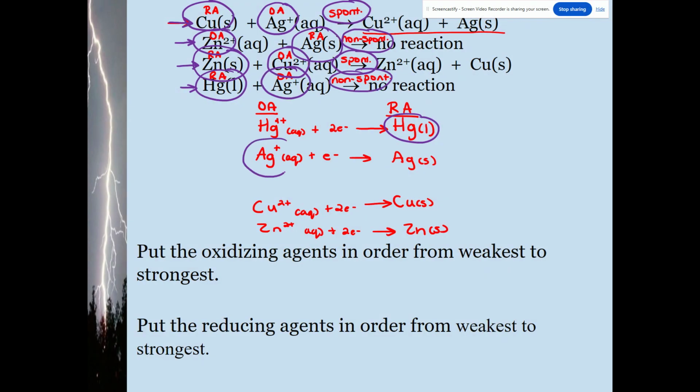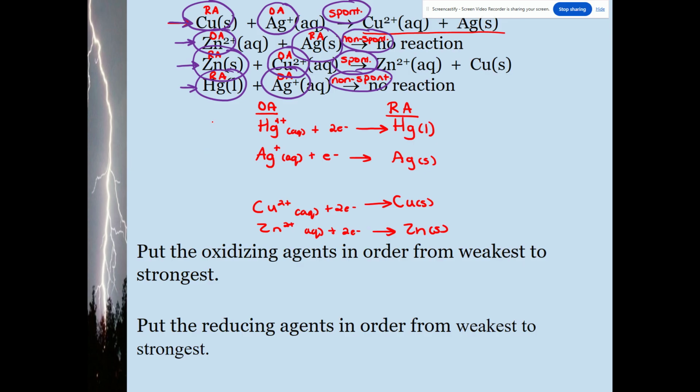So my silver ions, OA, have to be lower than the mercury. Okay, so after you place everything, do a check like that. Make sure everything is placed relative to where it needs to be based on the spontaneity rule. Okay, so this all has to do with the spontaneity rule of OA being higher than RA and vice versa.